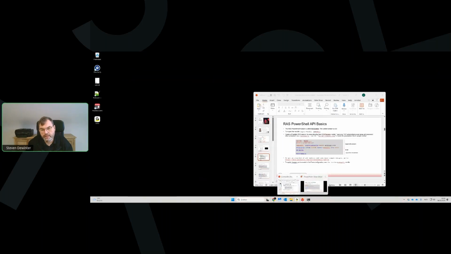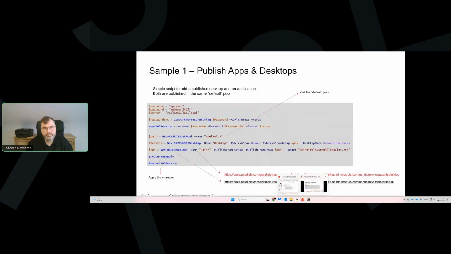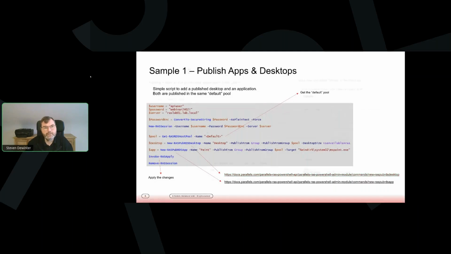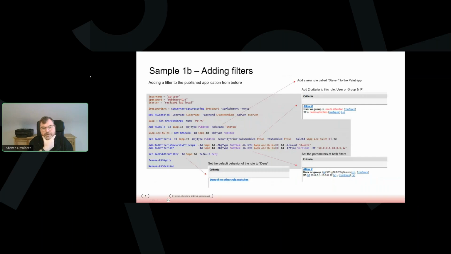What I have done as a second example is I created a small enhancement to the script. So let's go back to my PowerPoint presentation. I've added a filter. I've actually created a second script because I would like to run them independently. My second script starts with finding my paint application, as you can see over here: Get-RASPublishedApps -Name paint. That will look at my paint application.